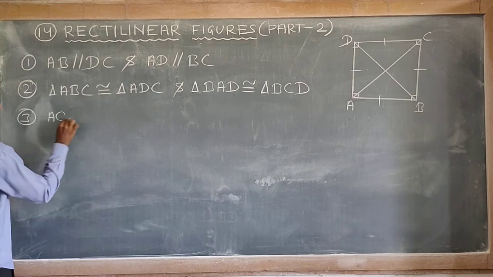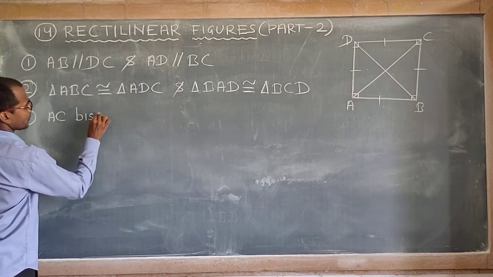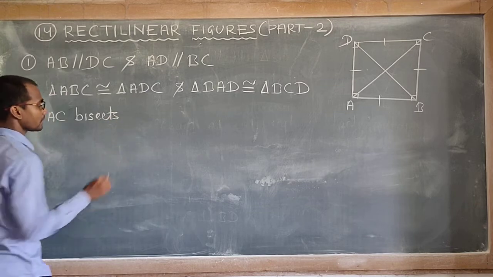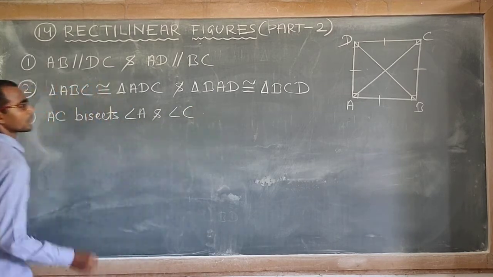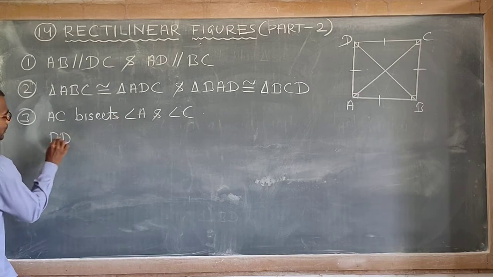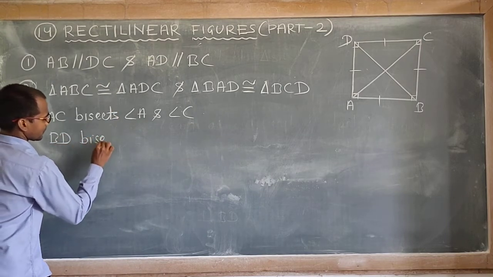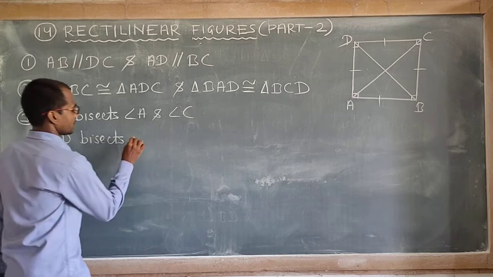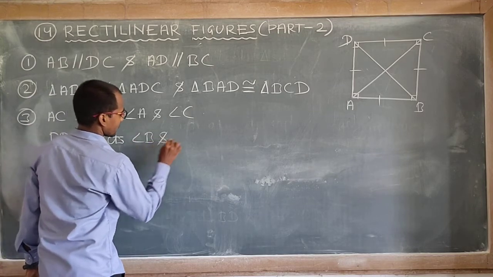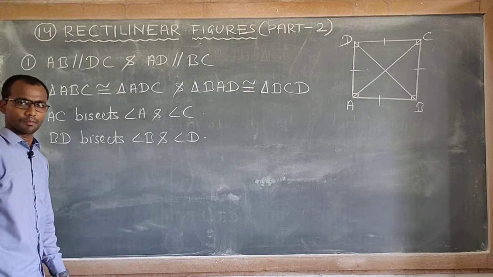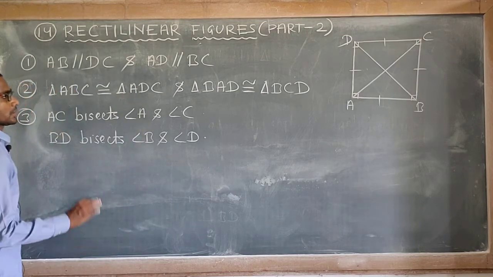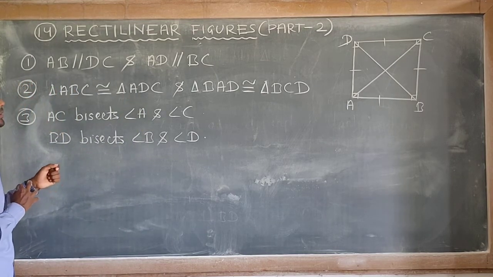We can write AC bisects angle A and angle C. Then BD bisects angle B and angle D. This is about diagonals.